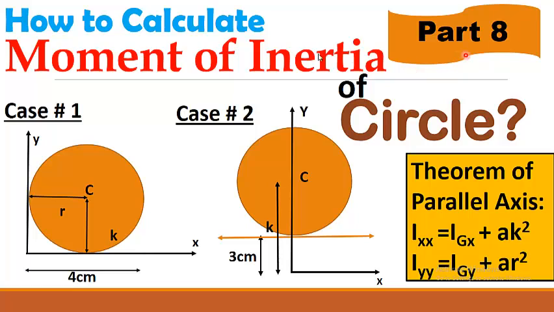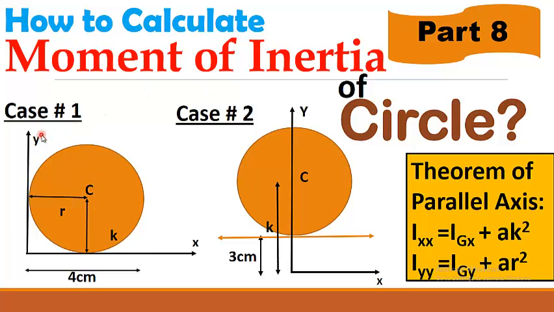This is part 8 of our video series Moment of Inertia, and in this video we are going to calculate the moment of inertia of a circle by using the theorem of parallel axis. We will find the moment of inertia of a circle in two different cases.